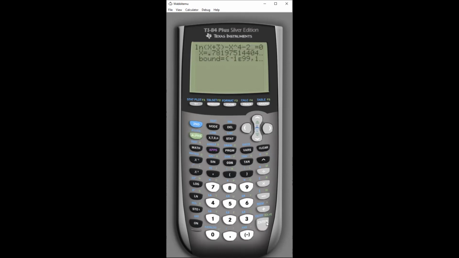Let's solve this. The initial value, we know it's about 1, so let's start with that. Let's solve it. We get 0.782.